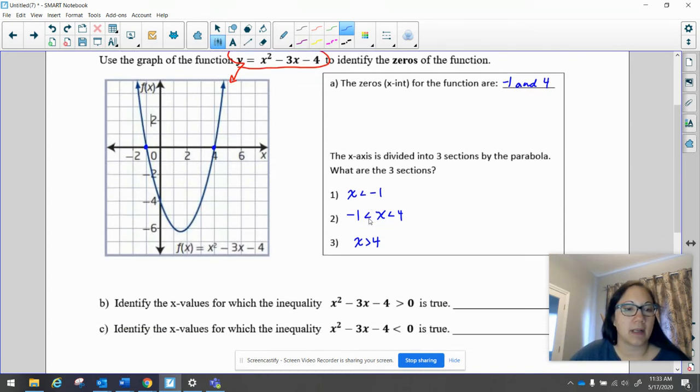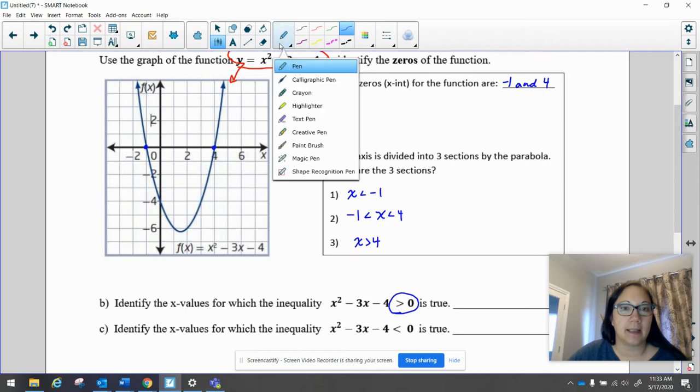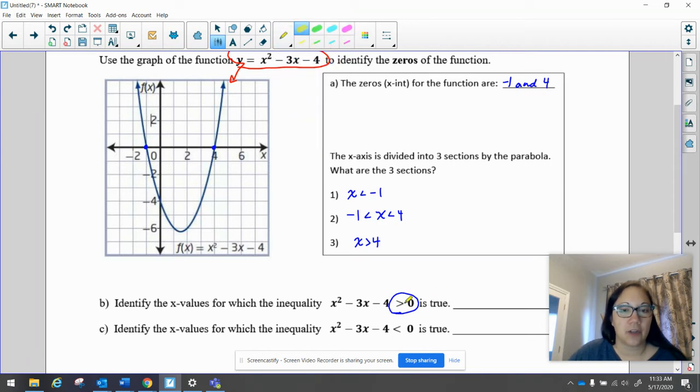Part B is asking us to identify the x values for which it is greater than 0. In other words, where's our parabola greater than 0 or above the x-axis? So I'm going to use my highlighter here to help illustrate that. So where is it going to be greater than 0? It's going to be here, we're above 0, and here we're above 0.